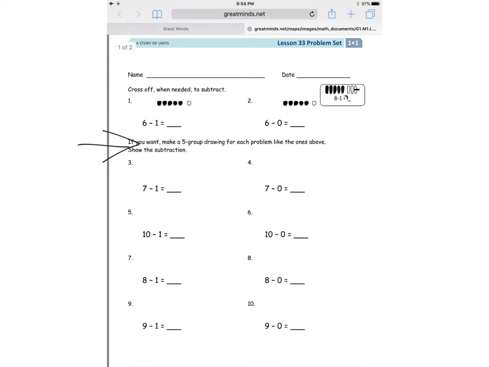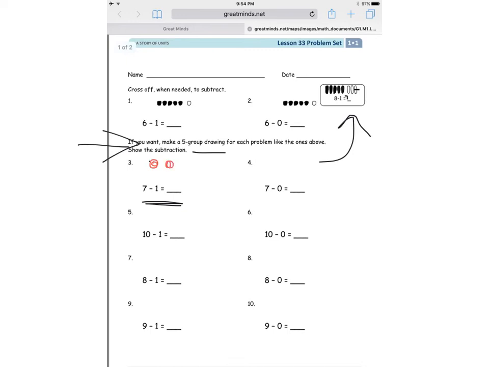It says if you want, make a 5 group drawing for each problem like the ones above, like this. Show the subtraction. So we have a problem here, number 3. The problem is 7 minus 1. So I'm going to make, remember my beads, I had a group of 5 red beads. So I'm going to make that first.